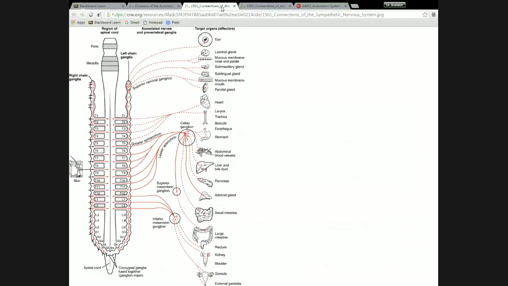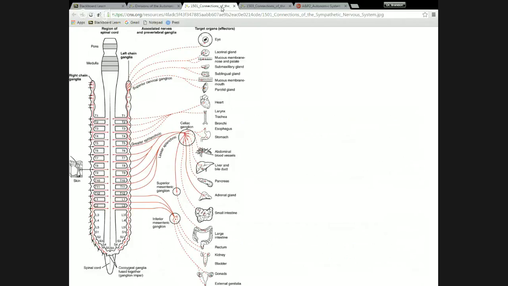Mostly head and neck targets, like the iris of the eye, the glands for salivation, mucous membranes, and that sort of thing, are most of those targets. But they're getting their input originally out of the same sympathetic region of the spinal cord.